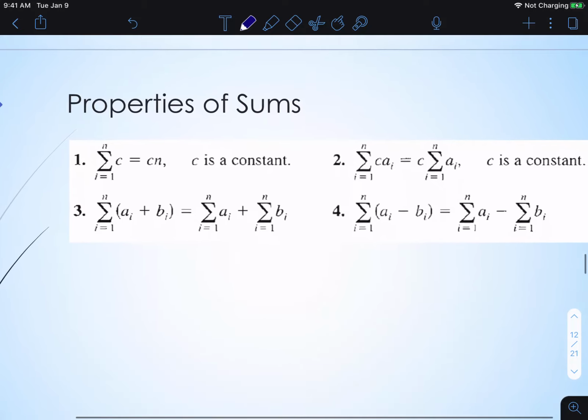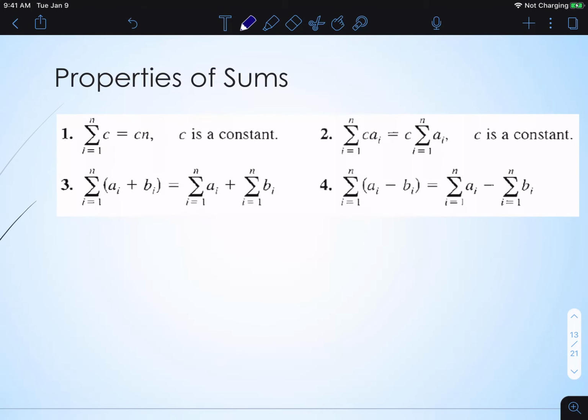Okay, moving on to the next thing, properties of sums. I'm just going to talk through this one and say what this all is. Basically, this is saying that if there was some constant c in the argument, then in this particular case it's just going to be n times c, and c is just some constant.